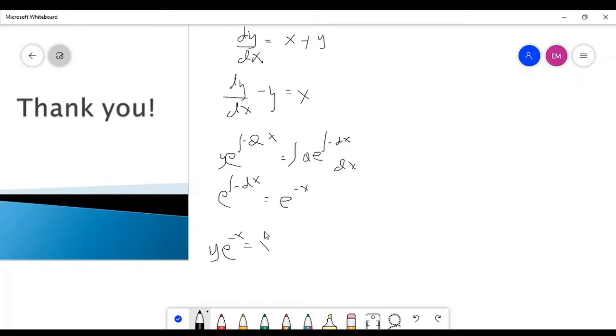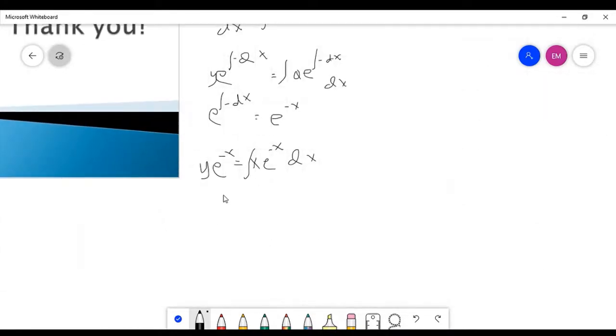So we have here the integral of x e raised to negative x dx, and then do integration by parts. So let u equal x, du is dx, and then dv is e raised to negative x dx. So v is negative e raised to negative x.